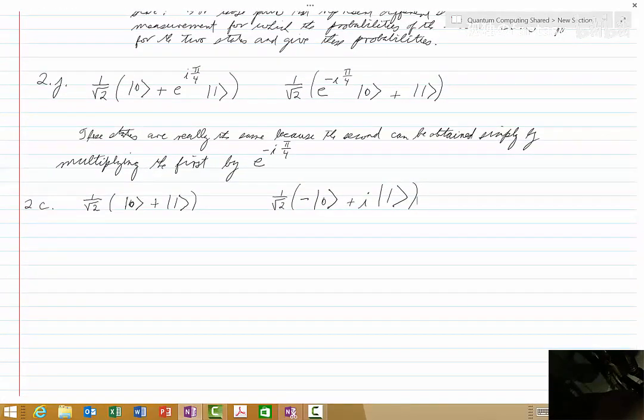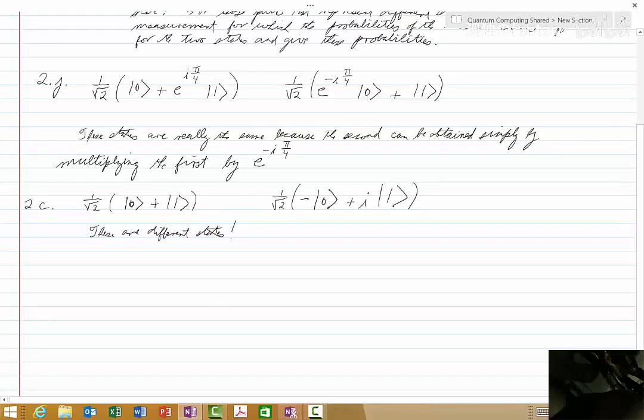So now I hope you had some luck with this problem, but it definitely is a little trickier than the first one, because if we look at these two states, we can see right away that these are different states.